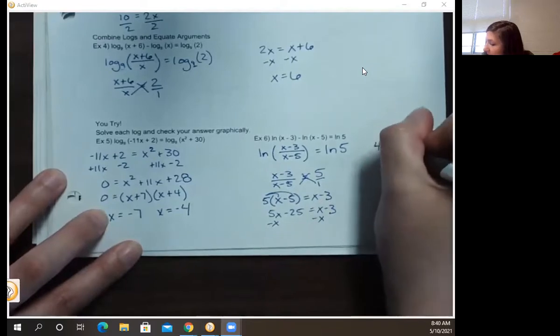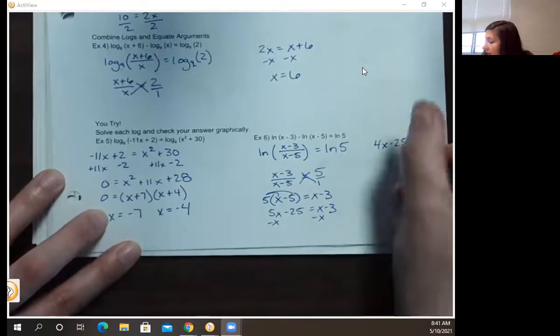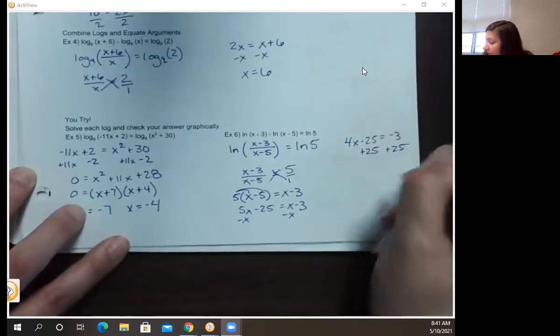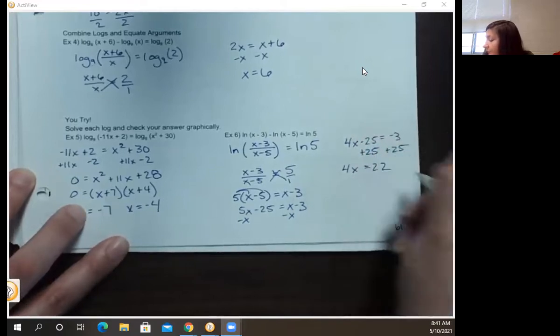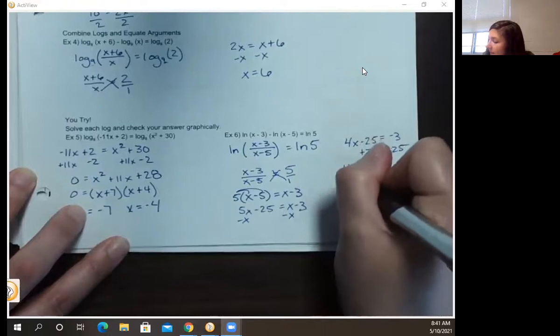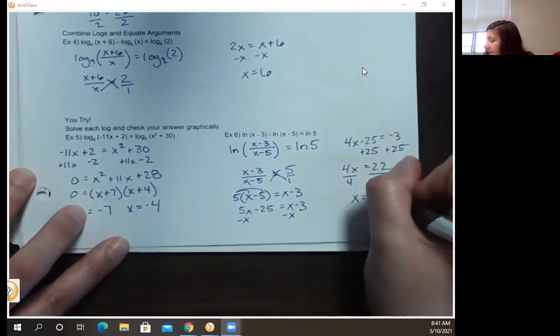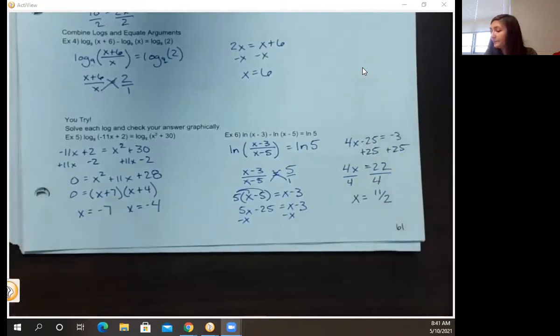So we have 4x minus 25 equals negative 3. And then I'm going to move that 25 over. So I have 4x equals 22. Divide both sides by 4 to get x by itself. And if I would reduce this, I would get x equals 11 over 2, or 5.5 if you'd rather.